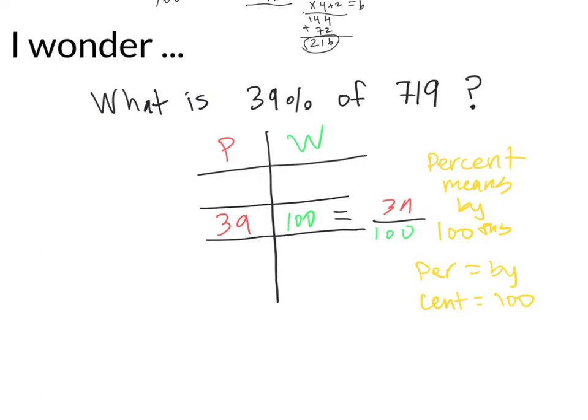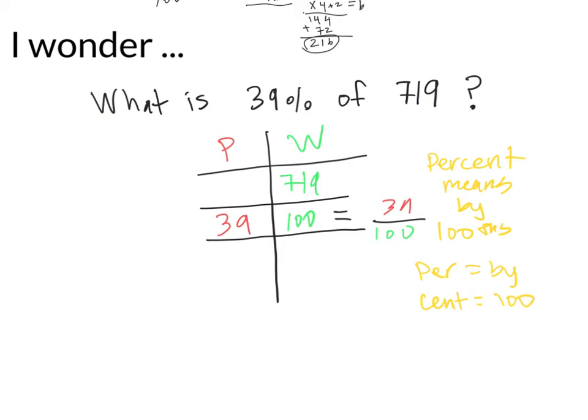Percent means by 100. So we have the whole, which is, you guessed it, 719. So we can go ahead and plug that in now.